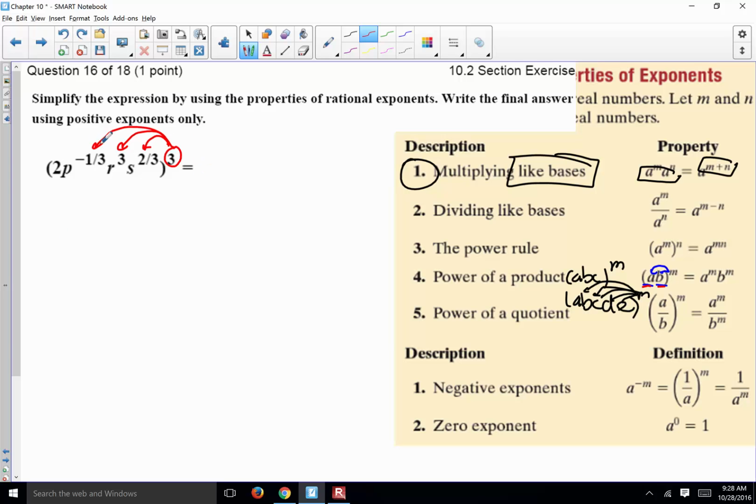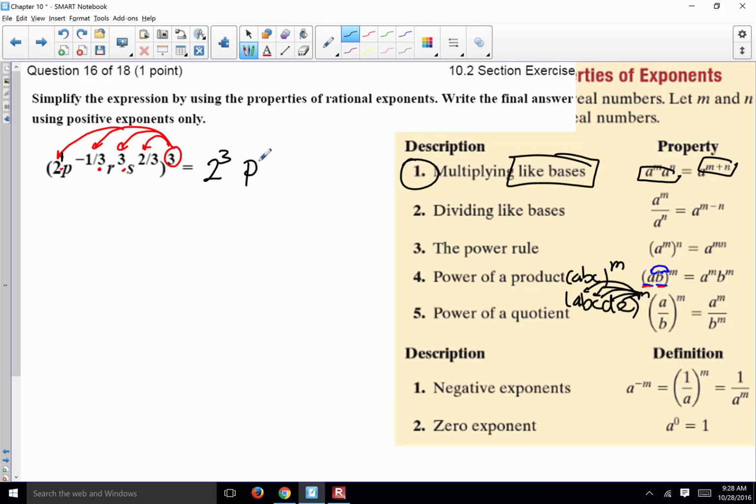Yes, it has to go to 2 as well. 2 is an individual term as well. There are 4 terms here. Multiply. It needs to go to everybody. So I get 2 to the 1 times 3, 3.